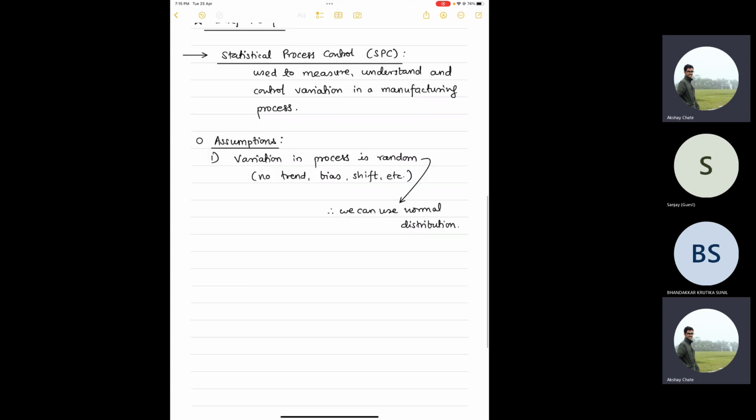The second important assumption is that any natural process will have some sort of variation.